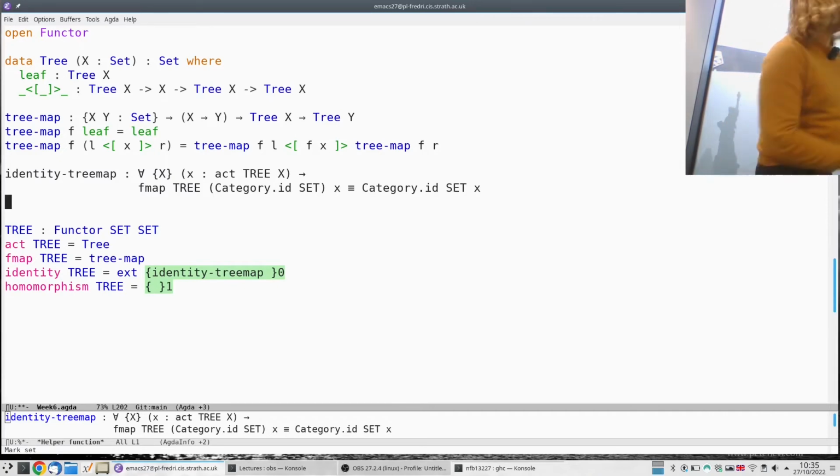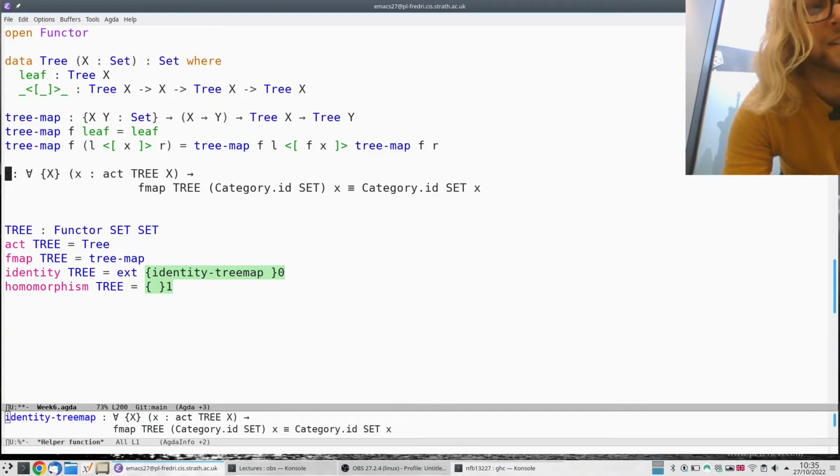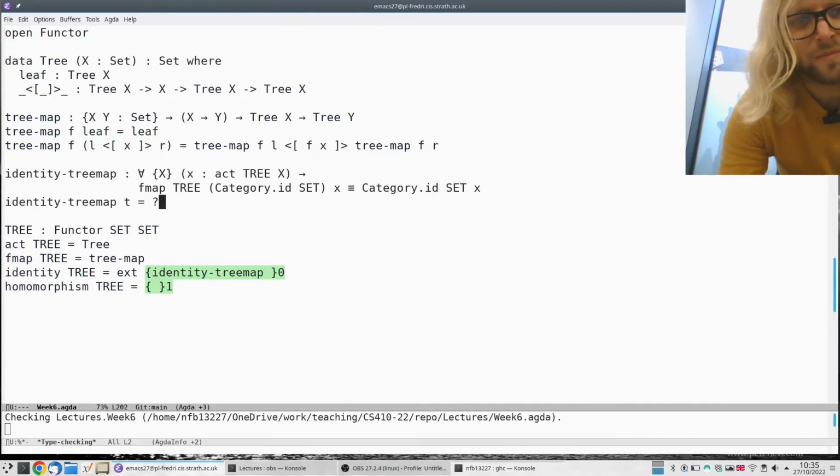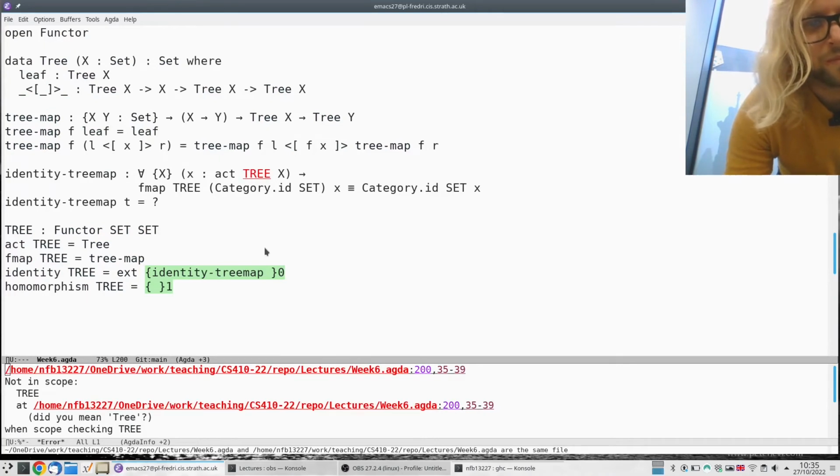I think it's even in my green. That's not the one I deleted, that's the one down here, and you can tell because annoyingly it didn't normalize this as much as you might want. It's saying category ID set rather than just lambda x to x. The type it generates might not always be pretty, but it's a place to start from, and then you can think, what do I actually want? In this particular case it's annoying because tree hasn't been defined yet, but that's fine.